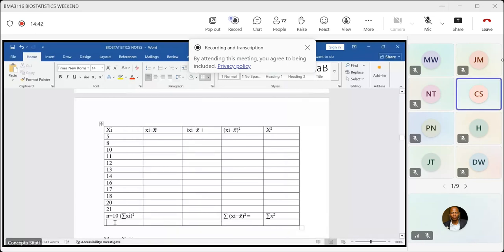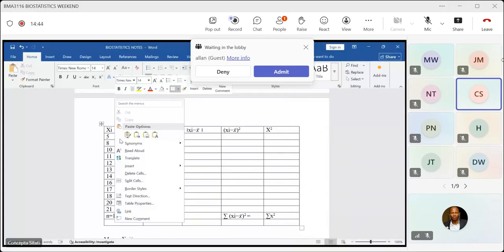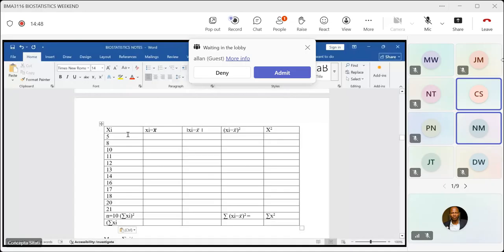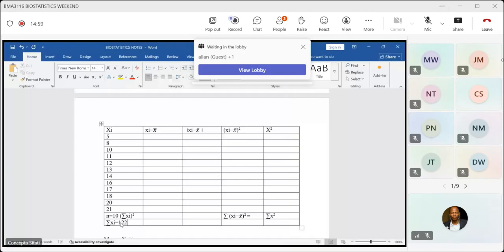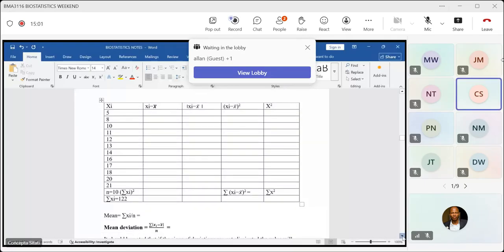What is our summation of x sub i? 122. Is equal to 122. And our n is 12.